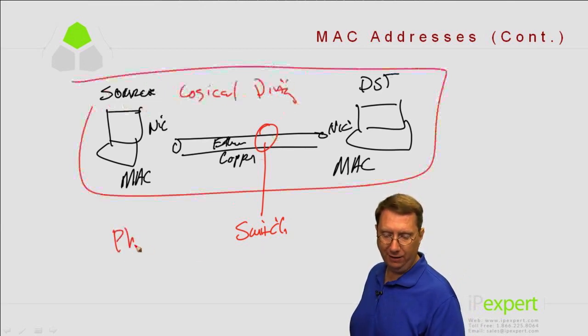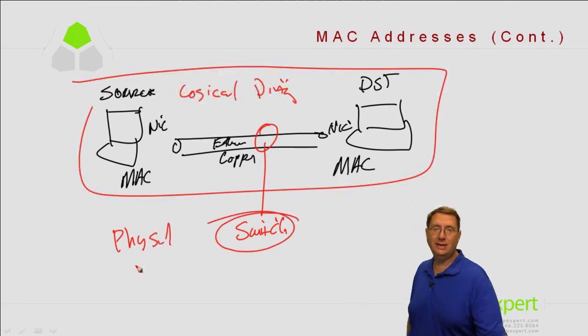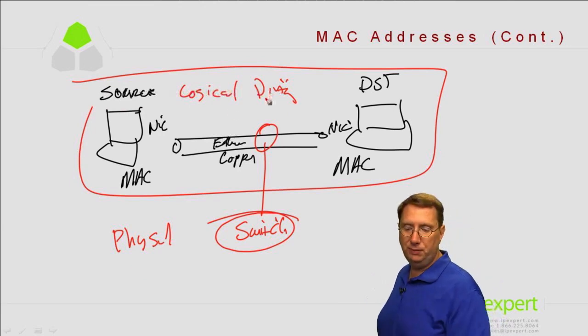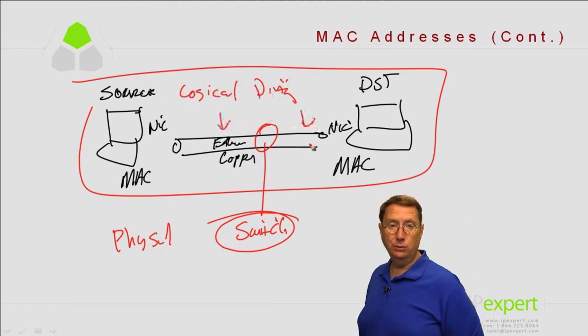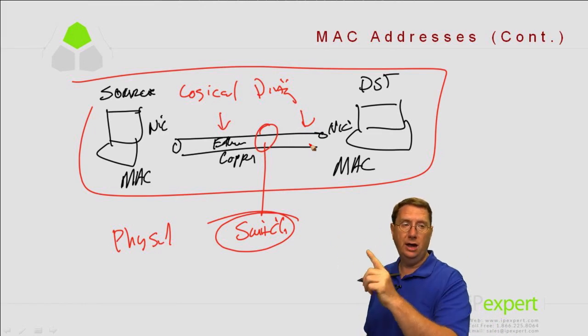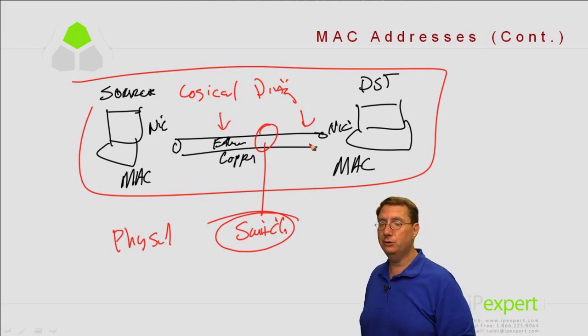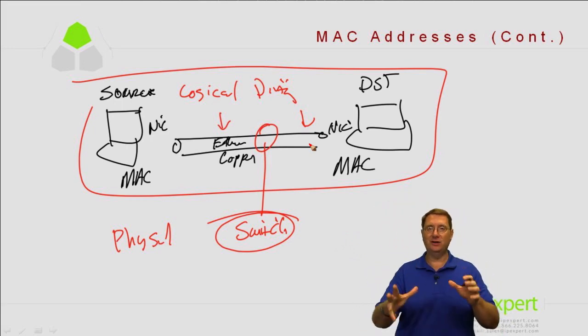The physical diagram would include any switches that may be in the connection, as well as any physical interconnections that are running between devices and switches. So in other words, this could be simply two cables, not just one, or it could be three cables if I had two switches. I'd have to connect one device to a switch, another switch to another switch, and then another switch to the other device. So it would be three cables. But bear in mind, that's the fundamental difference.